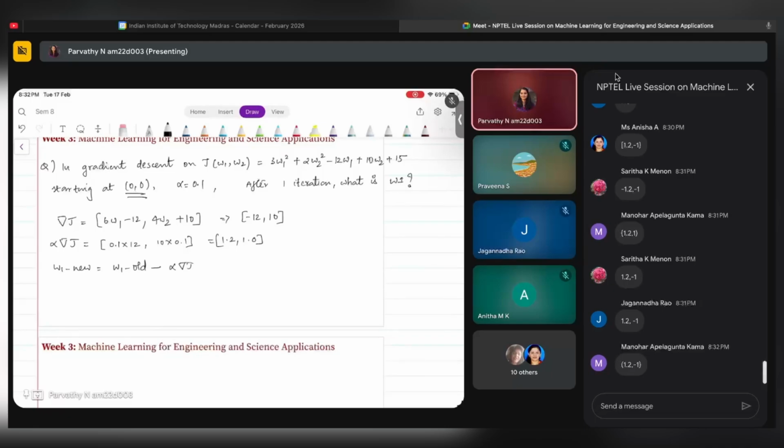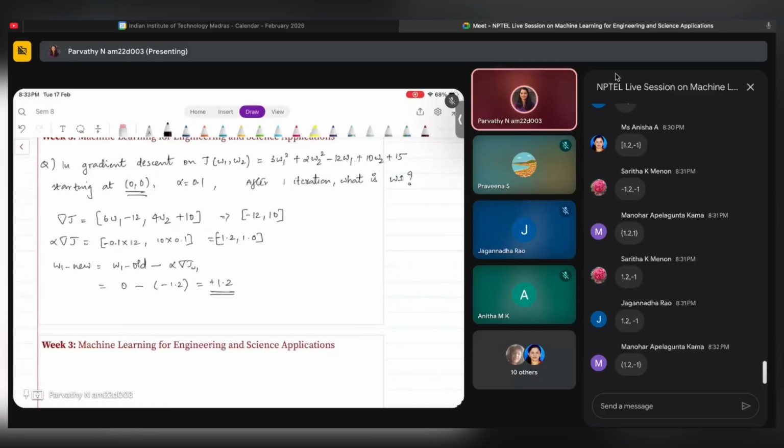So that is W1 is 0 minus 0.1 into minus 12, that is 1.2. So the W1 is 1.2.